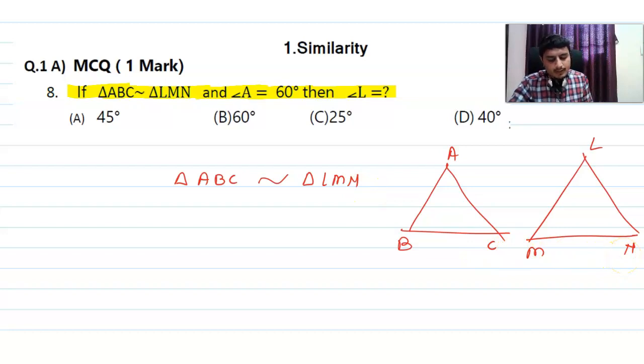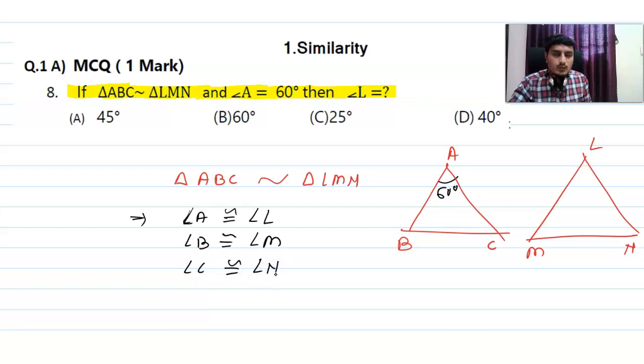Among them, we are given angle A is 60 degrees. Once the triangles are similar, their corresponding angles are congruent. That means angle A and angle L are congruent, angle B and angle M are congruent, and angle C and angle N are congruent.